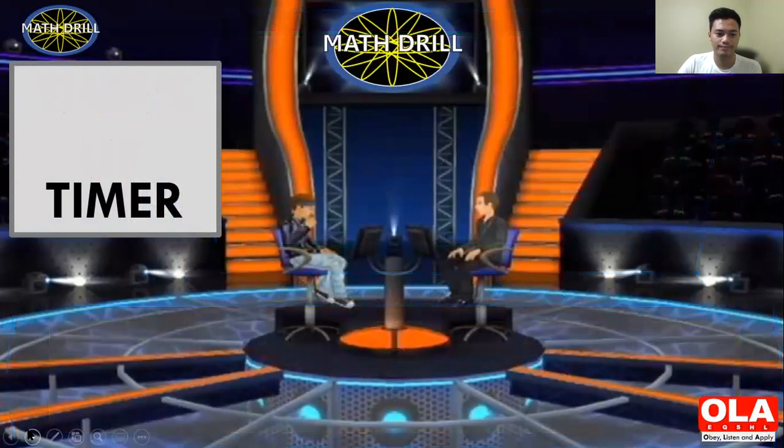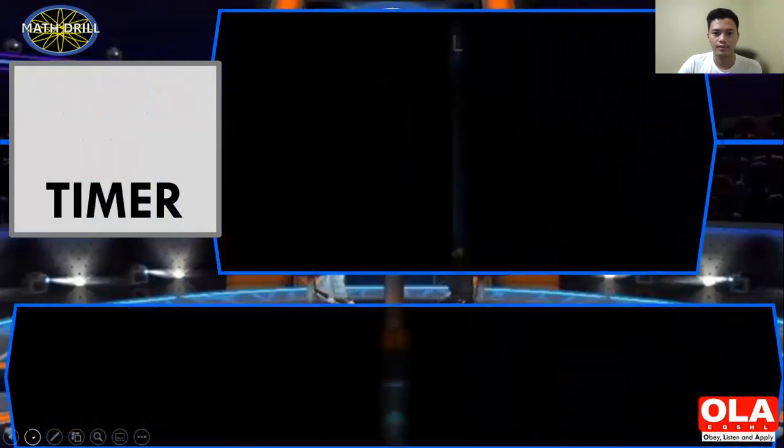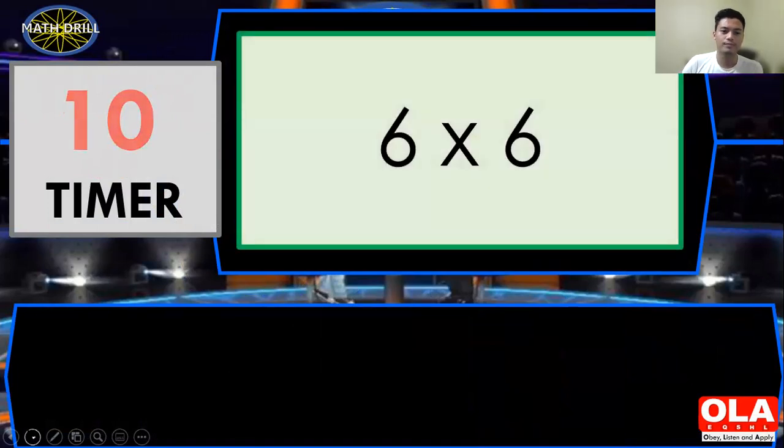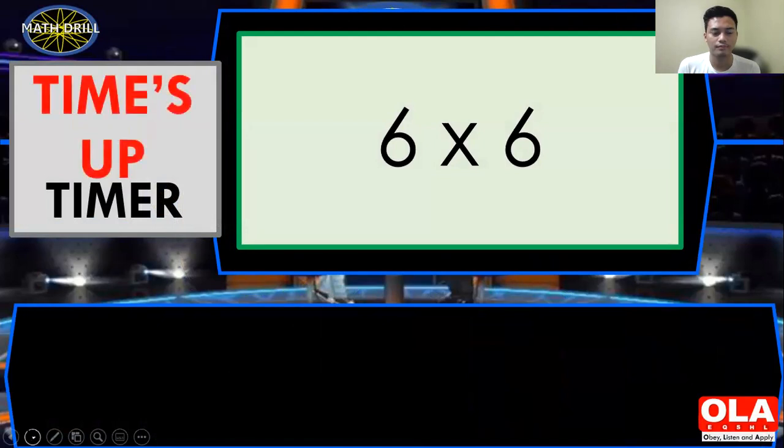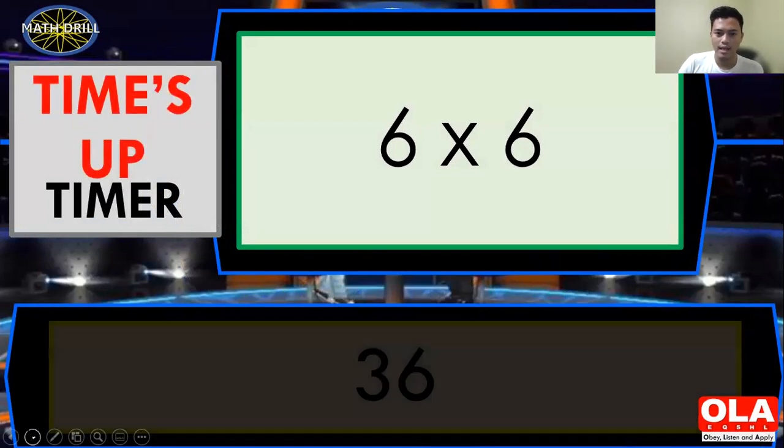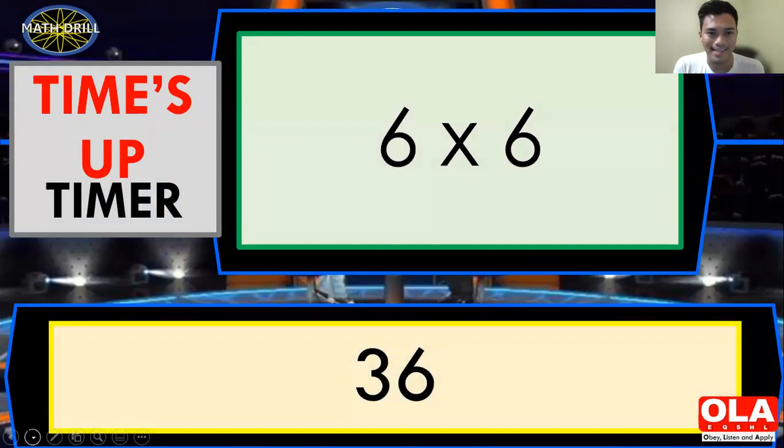Next one. Multiply these numbers. Go. 6 times 6. Answer is 36.